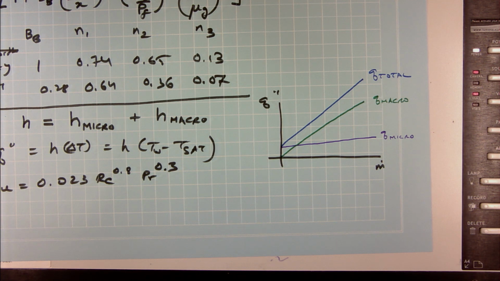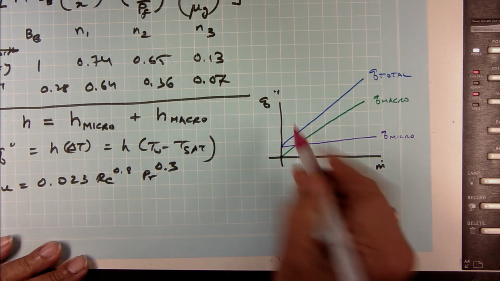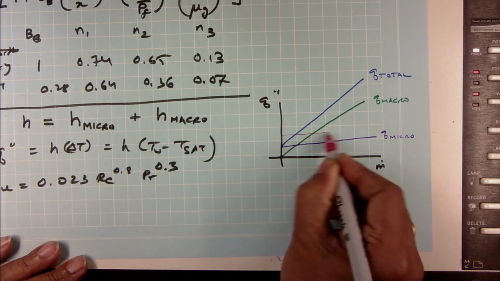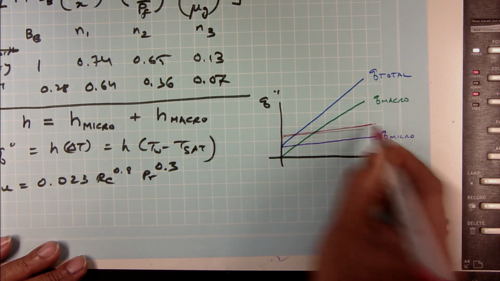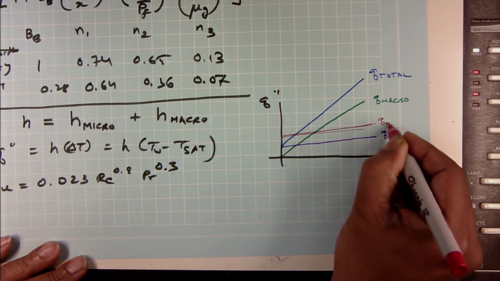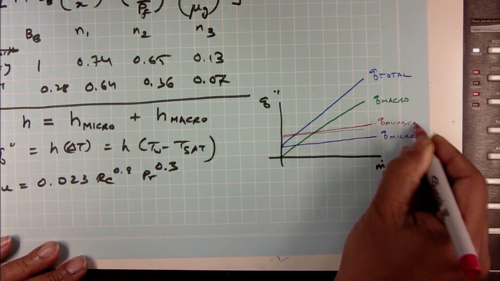Now, what happened was when we put carbon nanotube coatings, the Q micro jumped and it became almost double. So, this is my Q micro with CNT.